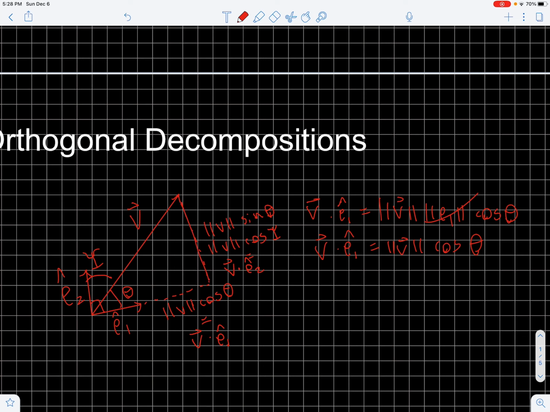Easy enough. So this length right here and this length right here, those are called the scalar components of vector v along e1 and e2.